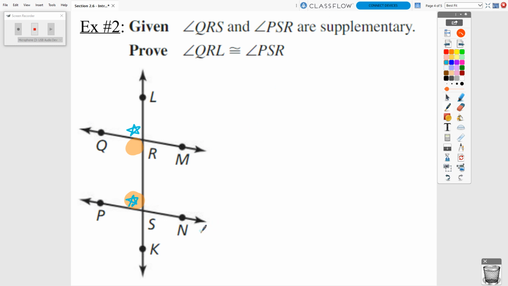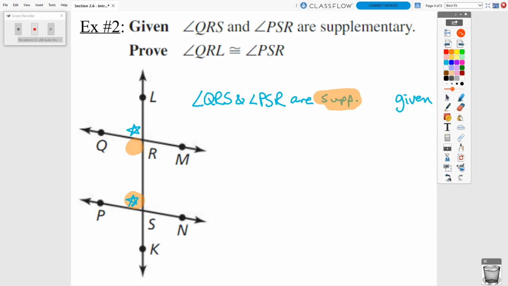Okay, so how are we going to start off our proof? Well, we're going to start off with what we have been given, that angle QRS and angle PSR are supplementary. And I'll just do SUPP for supplementary. And there's my given information. Now, let's go ahead and take this given information, because it uses a vocabulary word, supplementary.